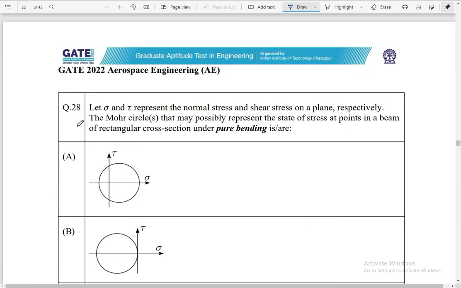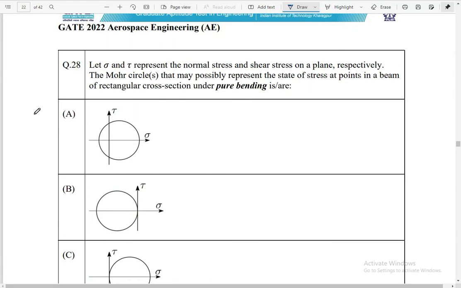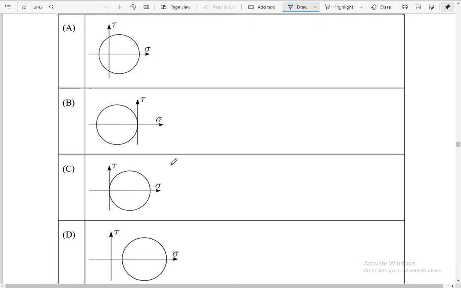For question number 28, if we understand Mohr circles, it is easy to understand what the Mohr circle should be for pure bending.